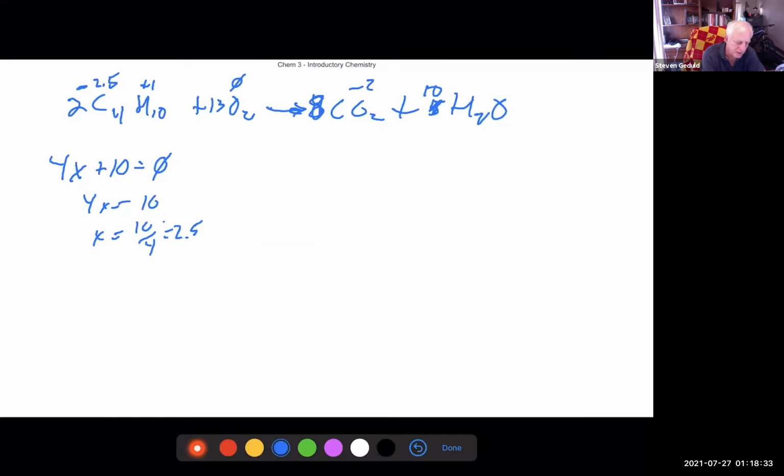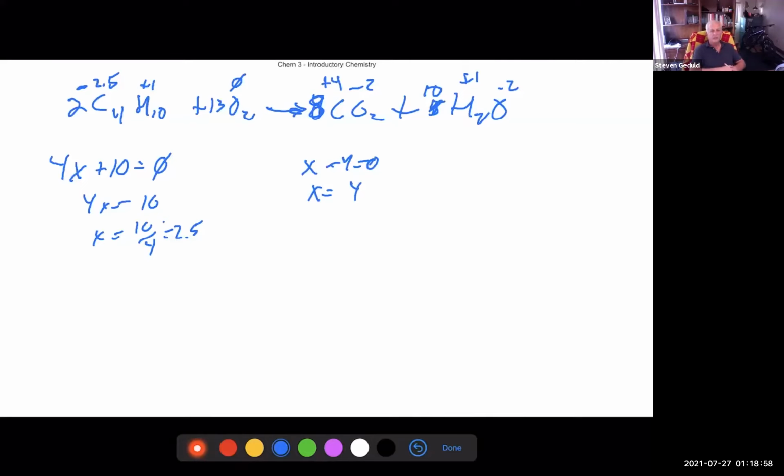And carbon is X. Then oxygen is negative 2, 2 times that is minus 4, equals 0. So X equals positive 4. So in this case, it's +4. And then hydrogen is +1. Oxygen is negative 2. We got all our values now.